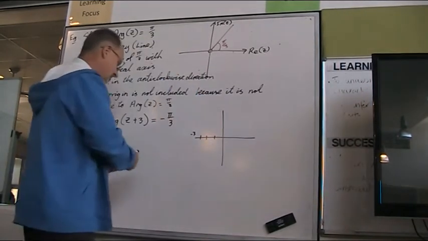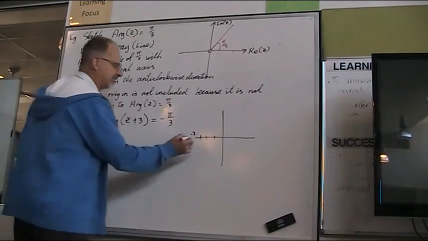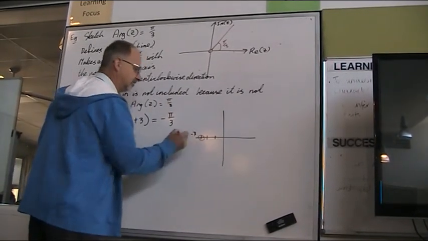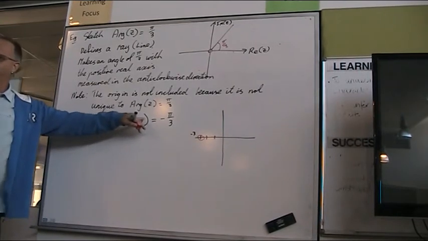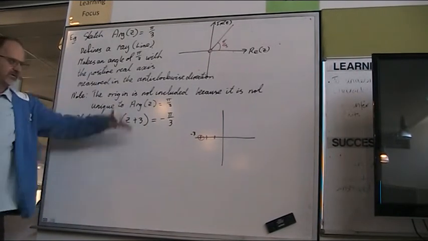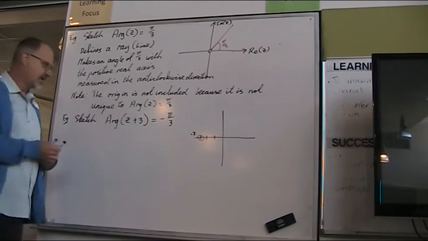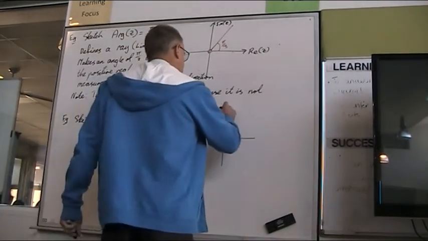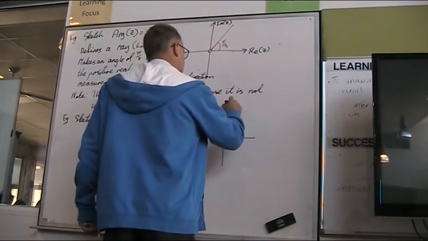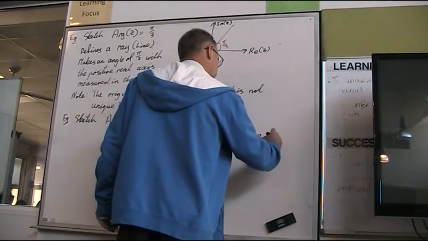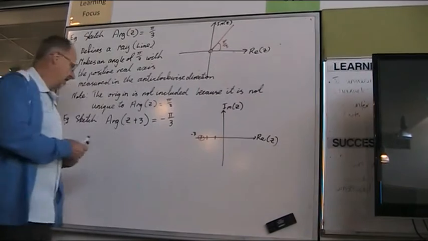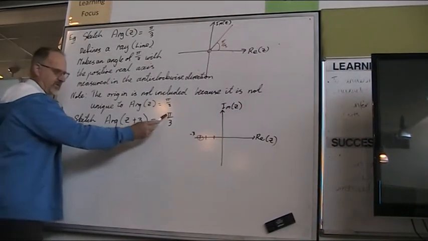So we're starting here. There could be an imaginary component which would translate up or down. Then what? The angle is negative pi on 3.